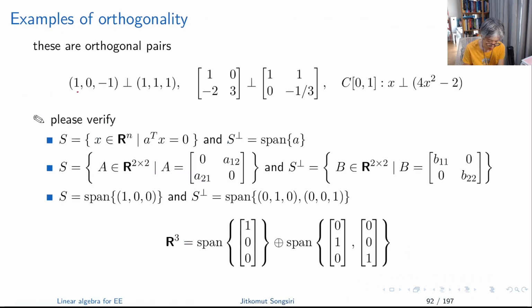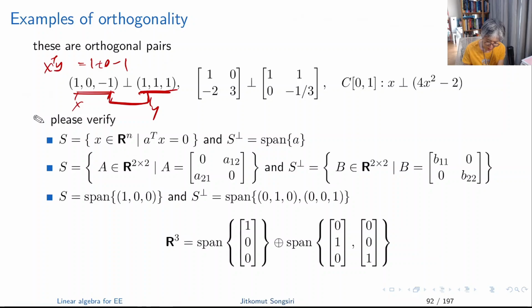Can you check real quick that, if you use the conventional inner product on each of the following spaces, please verify that these two vectors are orthogonal. So x transpose y, suppose this is x and this is y. X transpose y is going to be 1 times 1 plus 0 plus minus 1, and it is 0, right?